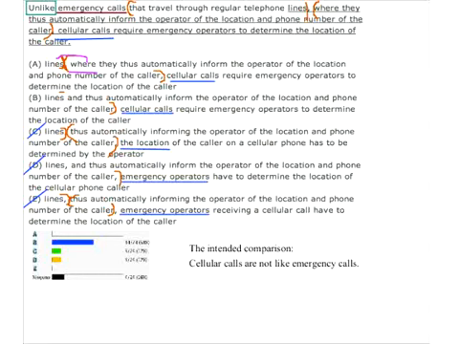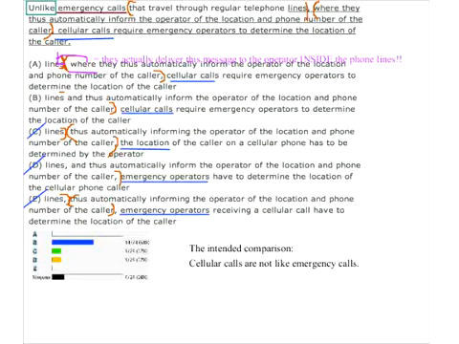Choice A is actually saying that they tell the operator these things inside the phone lines. So they actually deliver this message to the operator inside the phone lines. That would be an awfully small operator. So that's not how this works.